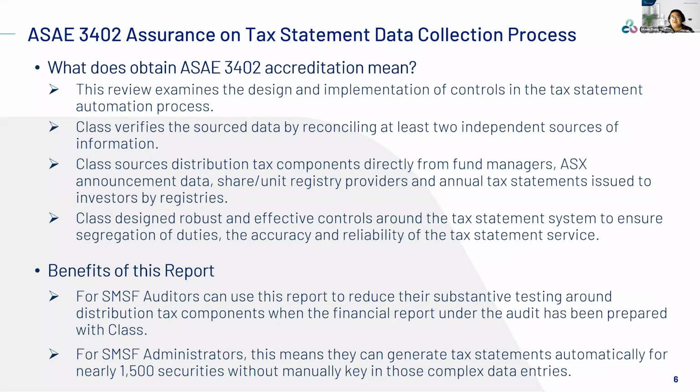So we're crowdsourcing all this information. Class verifies the source data by reconciling at least 2 different independent sources of information. Then we design very robust and effective controls around the tax statement collection process to ensure there is proper segregation of duties and maximize the accuracy and reliability of those tax statement templates.